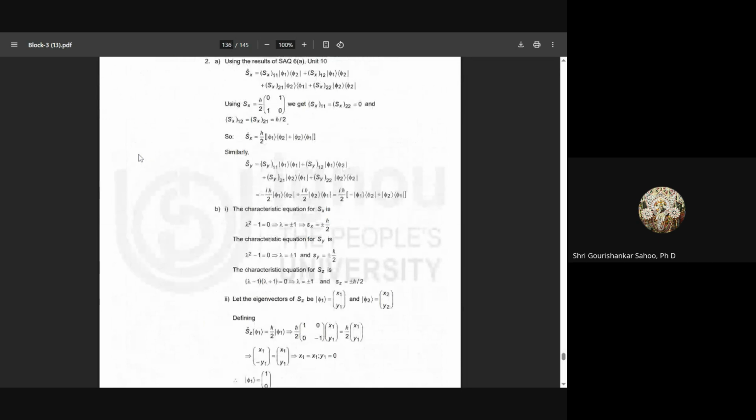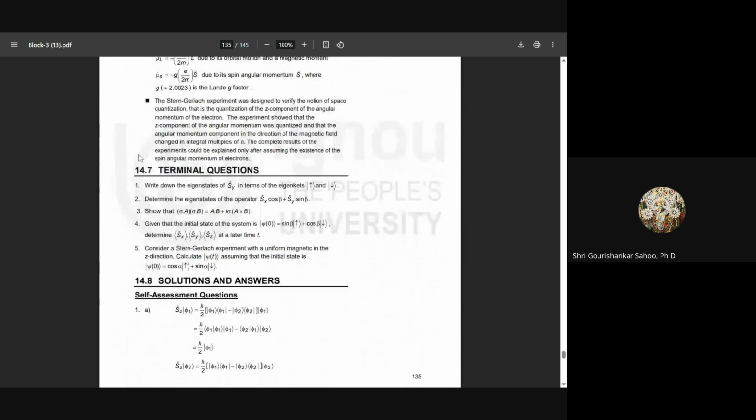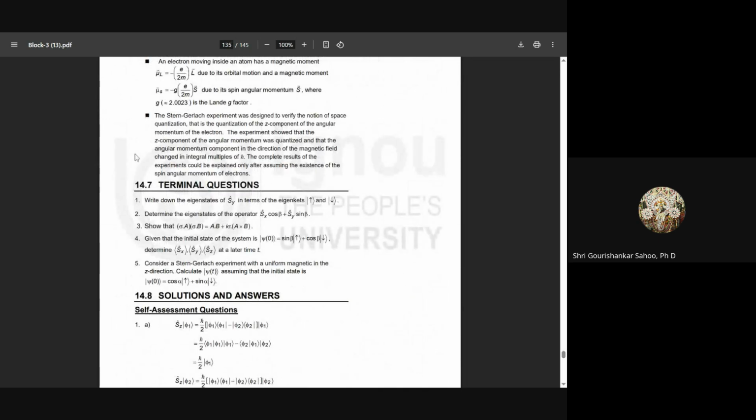You can see here there is a very beautiful example. You can write the Sy state in terms of eigenstates up and down. Considering the Stern-Gerlach experiment with the uniform magnetic field in the z direction, you can calculate psi t ket, assuming that the initial state psi 0 ket is equal to cos alpha up plus sin alpha down.